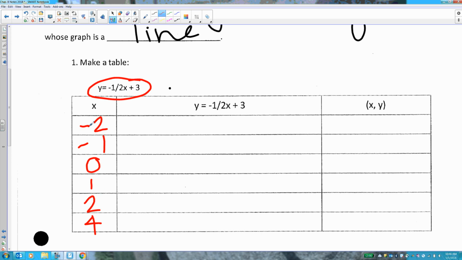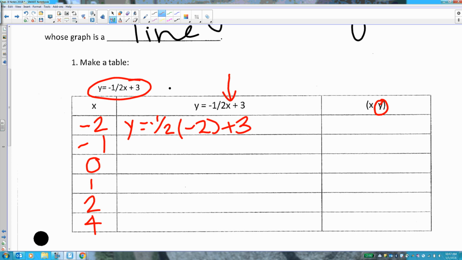All right, so now you have your x values. We have to find the y values, and this is pretty easy to do. So it says y equals -1/2 x plus 3. So here I just chose x values, so I'm going to plug in my x. So y equals -1/2 times -2 plus 3.